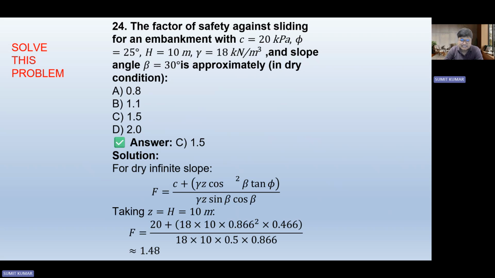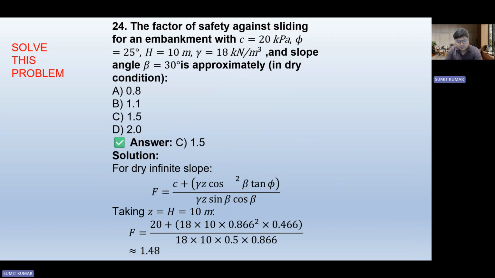As I have said earlier, C plus gamma z cos square beta tan phi. This I haven't written, but I have explained this, that this is one of the correlations which one could use to calculate the factor of safety, right? So when we know the value of cohesion as 20, and unit weight of soil for this specific soil is 18 kilonewton per meter cube, and the angle of internal friction is also mentioned here as 30 degree.